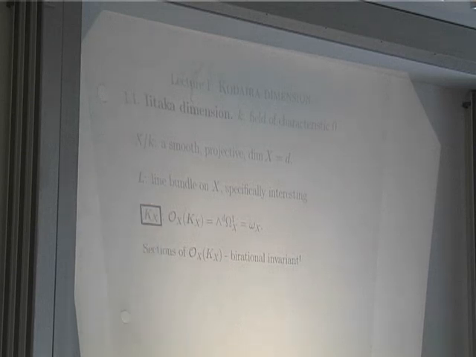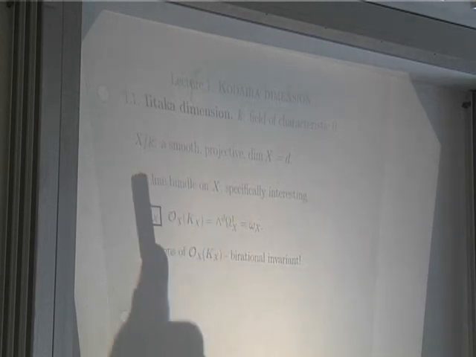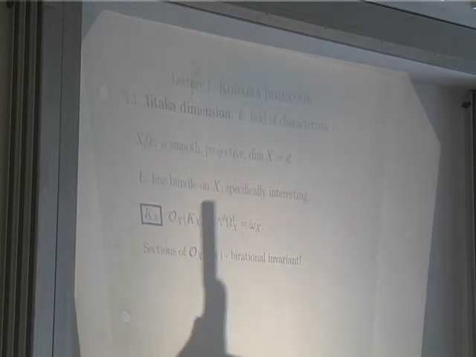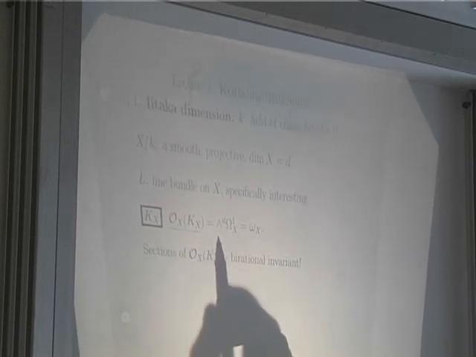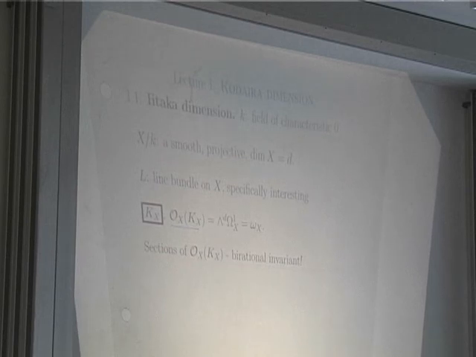Suppose X is a smooth projective variety of dimension d, and L is a line bundle on X. I'll define something for general L in a minute. A specifically interesting line bundle is the line bundle whose divisor class is called the canonical divisor class K_X. The line bundle with divisor class K_X is the sheaf of top degree differentials.